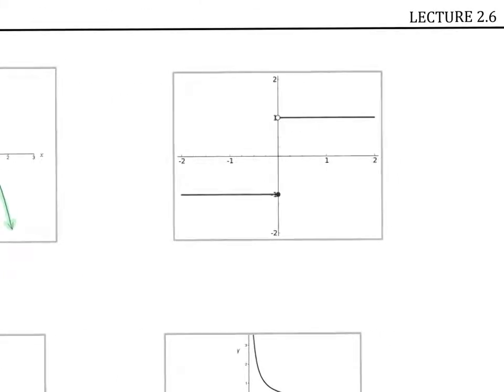The second graph is not continuous. I can sketch the graph, but then I have to stop here. And I have to make a big jump before I can sketch the rest of this graph.